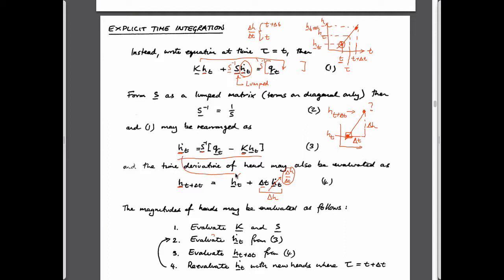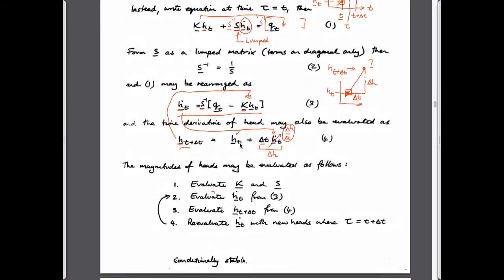Once we have this term, we can substitute it into equation 4. If we know what the previous head is, what the gradient is, and the time step that we choose, we have an update. We take this update and put it into this expression here. That's physically the calculation step. And so that allows us to increment each time step.